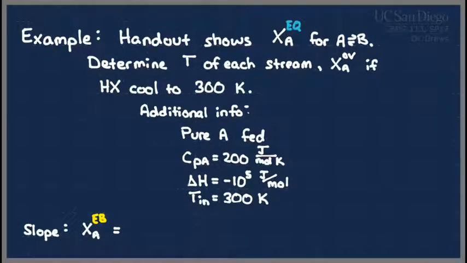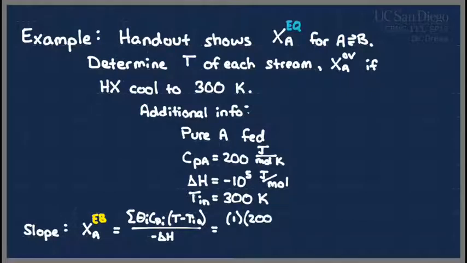Remember, XA based on the energy balance is the sum of theta I CPI times T minus TI 0, divided by minus delta H. What would that look like for our system? What is theta A? 1. How about theta B? 0. So up in the numerator, we've got 1 times the heat capacity of A, which is 200. We don't have any more species.